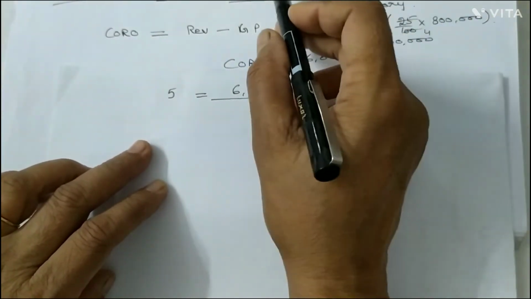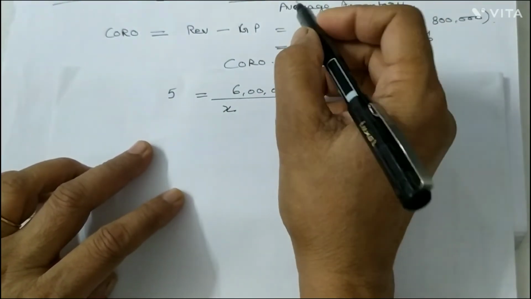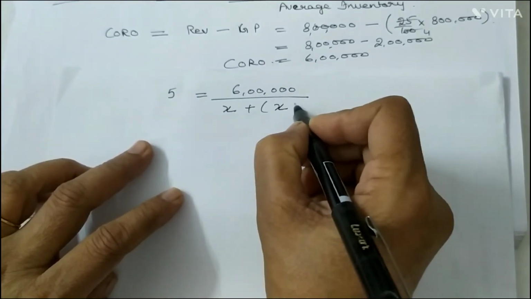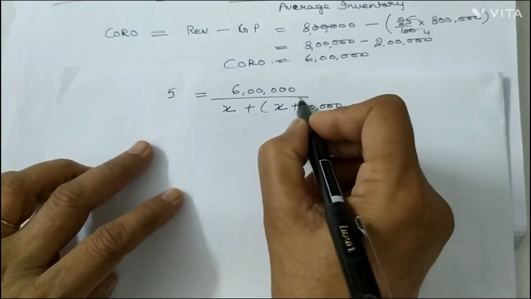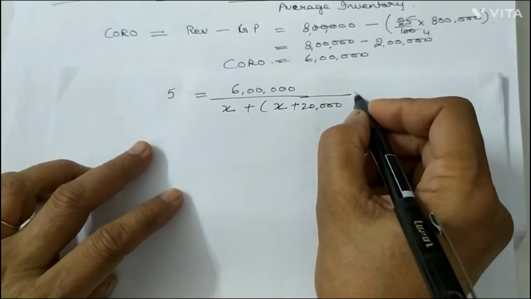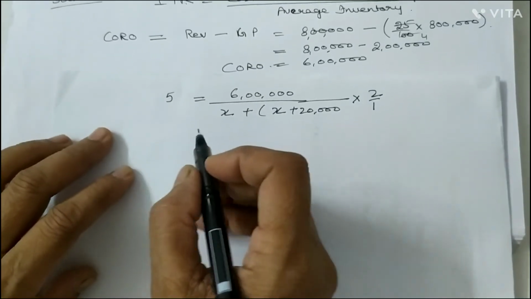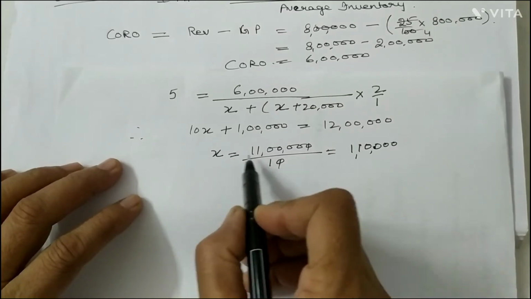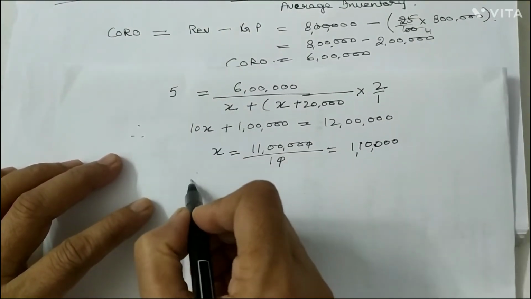Suppose opening inventory is X, closing inventory is equal to 20,000 more, that is X plus 20,000, divided by 2. You can write it like this, 2:1. Therefore, X is equal to 1,10,000.